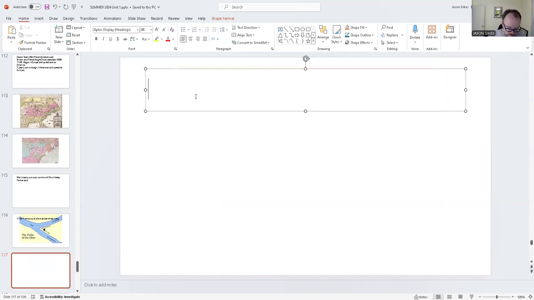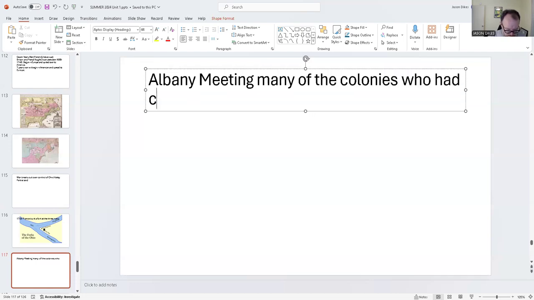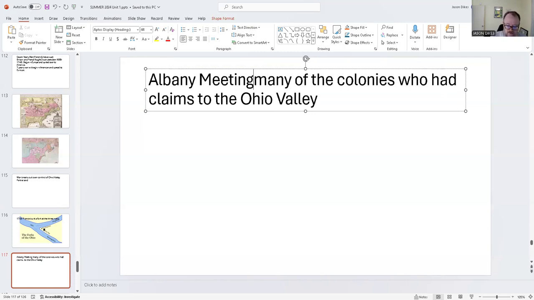A meeting was held. Same year, we're still in 1754. A meeting called the Albany Meeting, and this was a meeting of many of the colonies who had claims to the Ohio Valley.